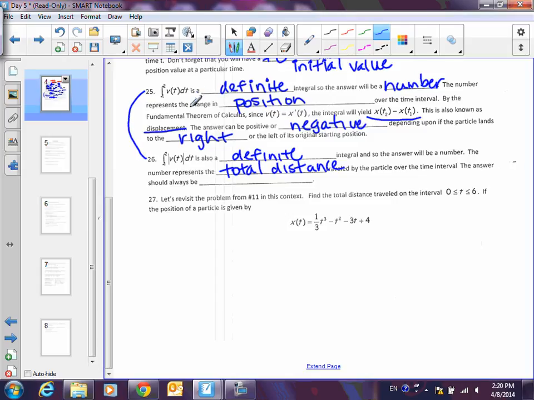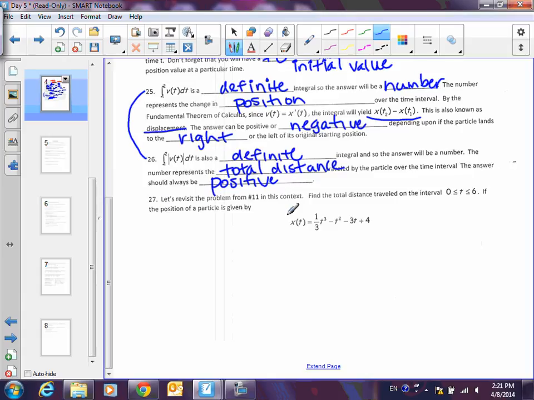In 25, if I'm in my car at my house and I drive to work, it shows me how far it is from my house to my work. 26 is going to take into account, did I run errands on the way to work? Did I go drop somebody off? Did I go out to eat lunch today? Total distance has to do with all of that driving. So it's still represented by a number, but that number should always be positive, and the absolute value bars kind of tip you off on that.